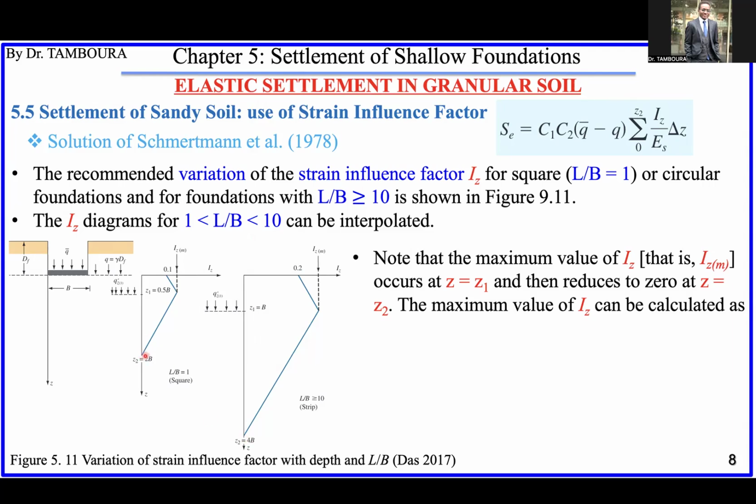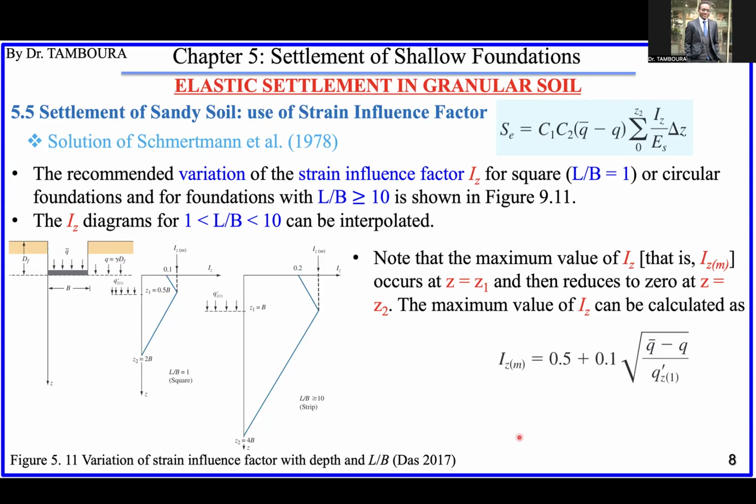Okay. So this maximum value, how can we calculate it? How do you estimate the maximum value of IZM? By using this equation. Okay. It is obtained from, I think you know already, q bar, which is the stress here from the load at this level.